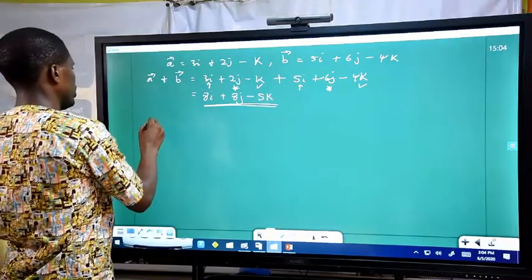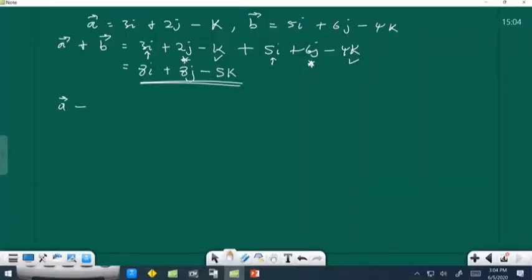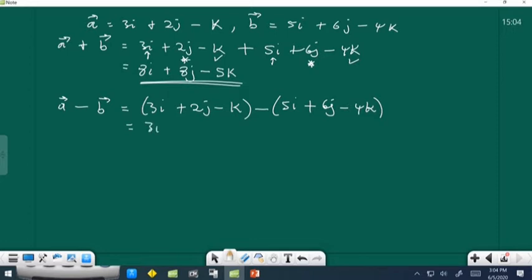And if we want to do a subtraction, A vector minus B vector, that is subtraction of 3D vectors, you do the same corresponding subtraction, taking note of the negative sign. So we have 3i plus 2j minus k, subtract 5i plus 6j minus 4k. So when we do the subtraction, we have 3i plus 2j minus k minus 5i minus 6j plus 4k.